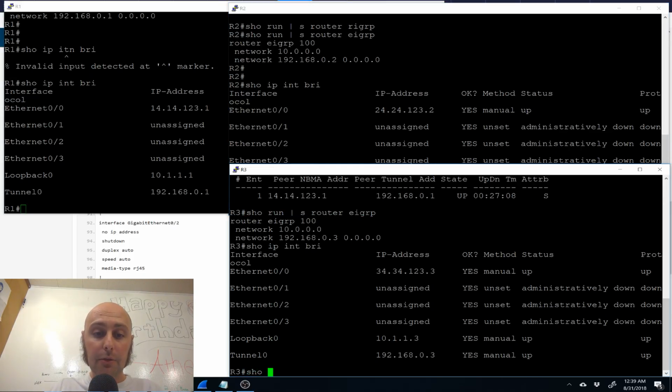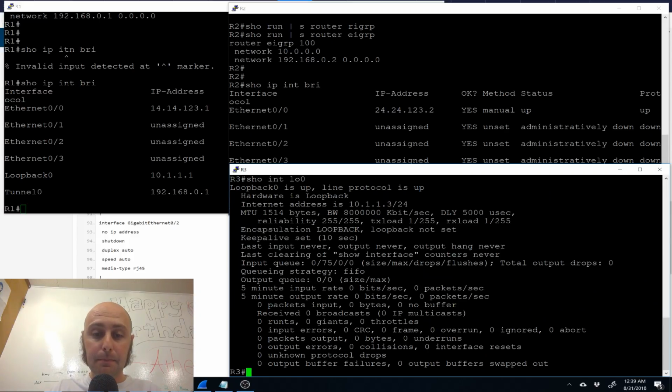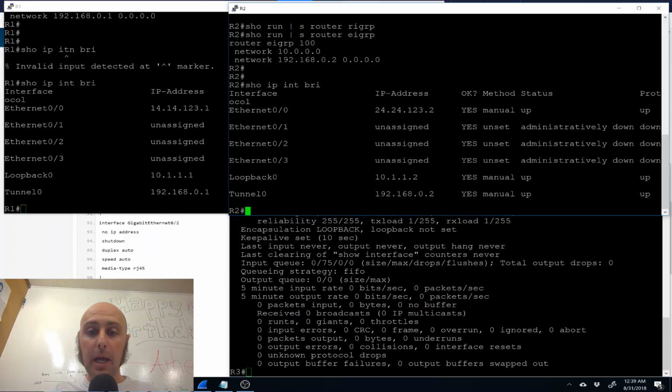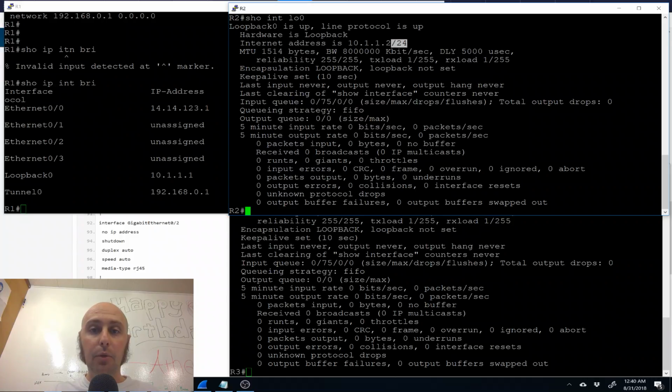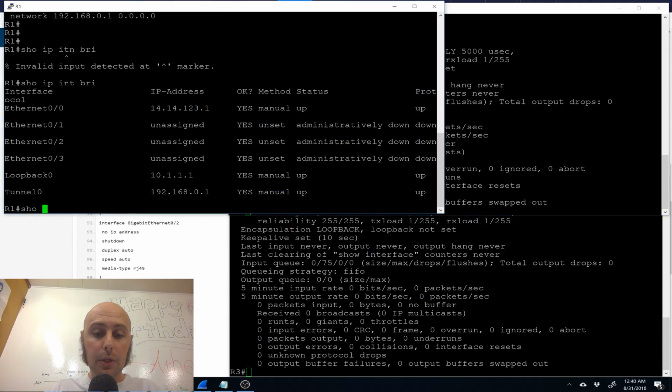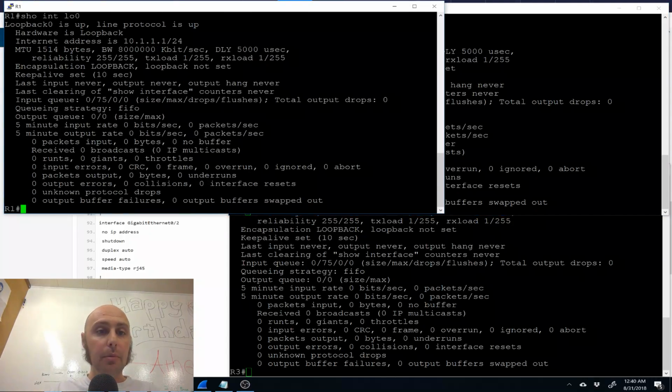Now, if we check the mask for each of these, it's a 24-bit mask, and router 1, of course, is a 24-bit mask as well. What that means is the same subnet actually resides on all 3 routers. All 3 routers think that they're connected to the same subnet.